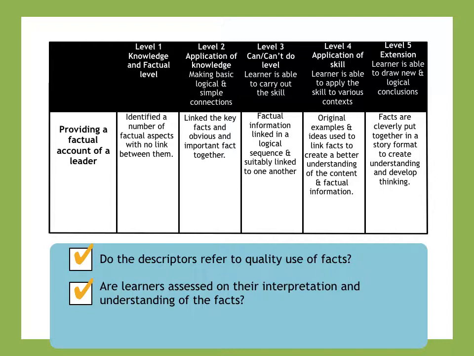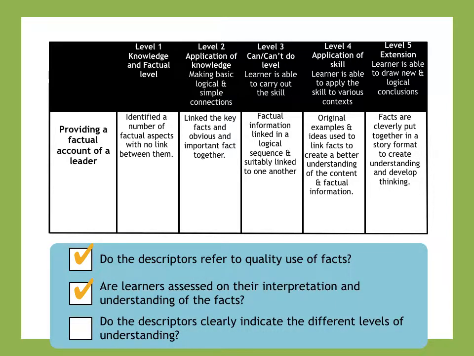And the third question, do the descriptors clearly indicate the different levels of understanding? In other words, are they standalone? Does it show progression? And if you've got those 3 correct, you know that you've developed a solid and sound rubric that will be effective in terms of assessing the learner's knowledge and understanding, and also give the learners guidance on how they can improve and what was originally expected from them.